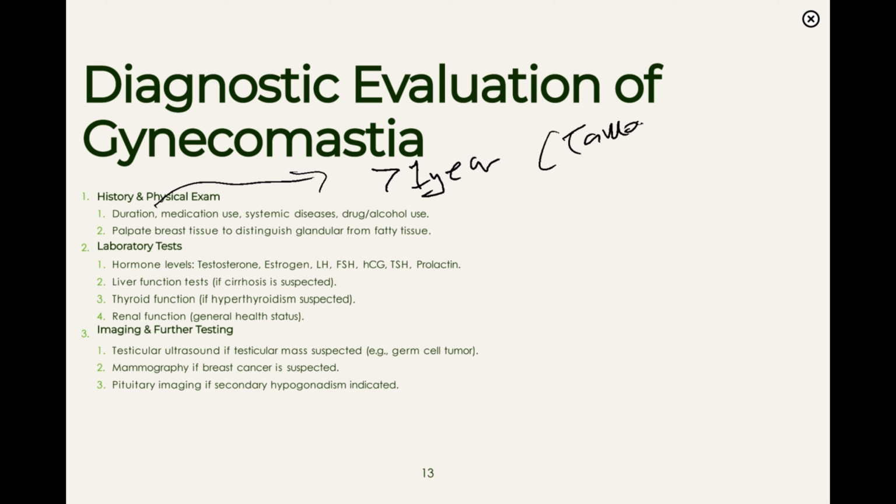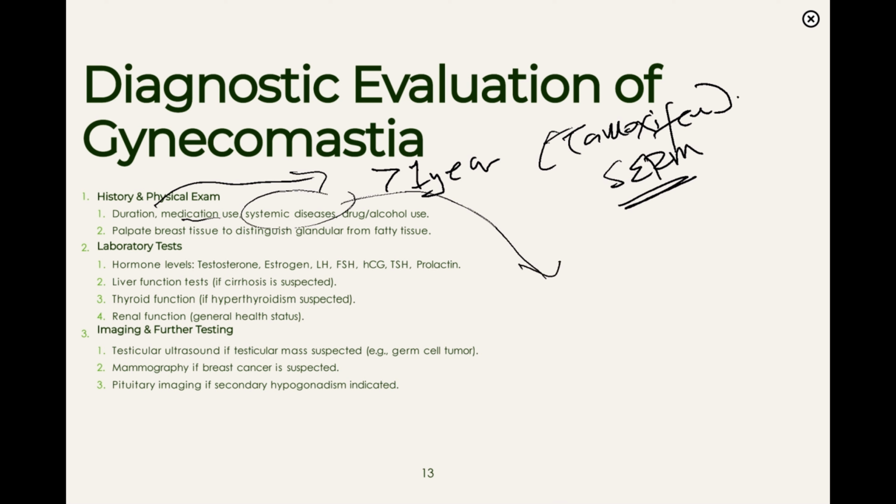The common medication we use for this will be tamoxifen. And also from history taking, as we mentioned earlier, a bunch of medications, spironolactone, cimetidine, alkylating agents, can cause gynecomastia. So taking a thorough history to tease that out, and then looking at systemic diseases as well.